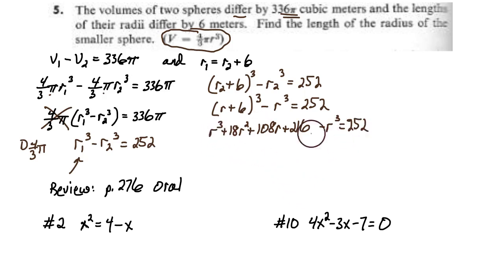Next up, the r cubed and the minus r cubed will cancel away. So we have 18r squared plus 108r plus 216 is equal to the 252. Now let's get a 0 on the right side by subtracting the 252.